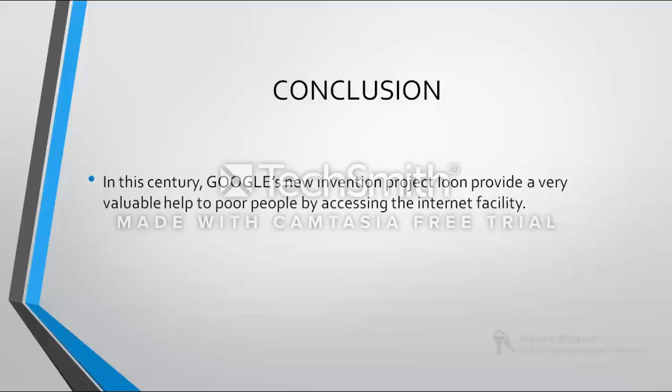In this century, Google's new invention, Project Loon, provides very valuable help to poor people by giving access to the internet. Not only that, it also provides internet to each and every person in the world, especially the people of Southeast Asia and Africa.